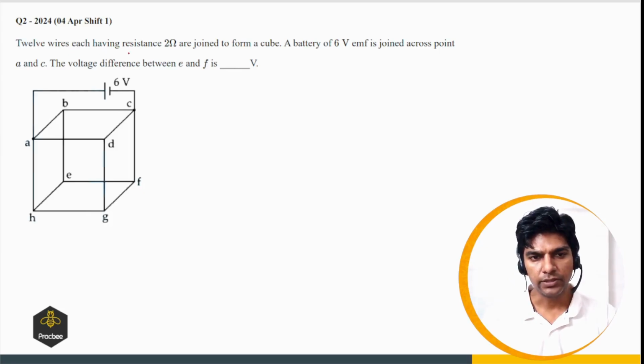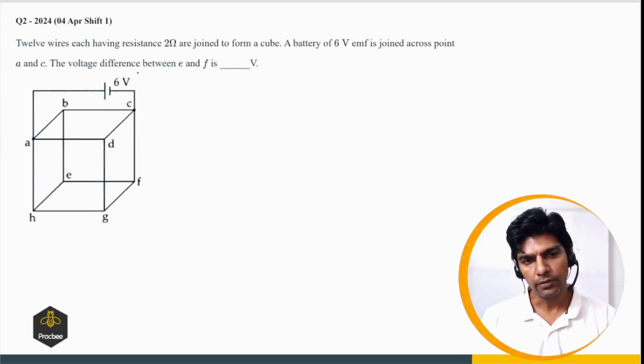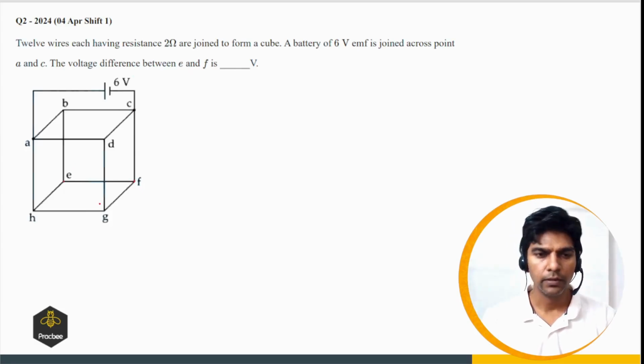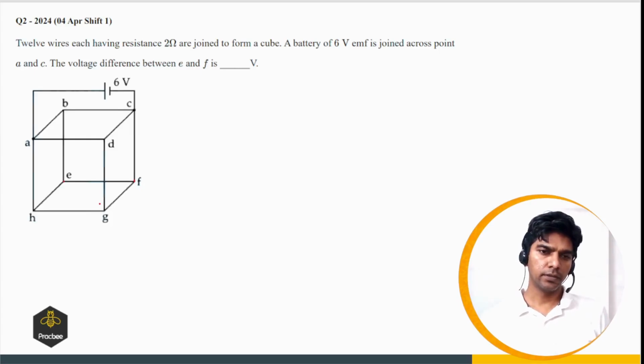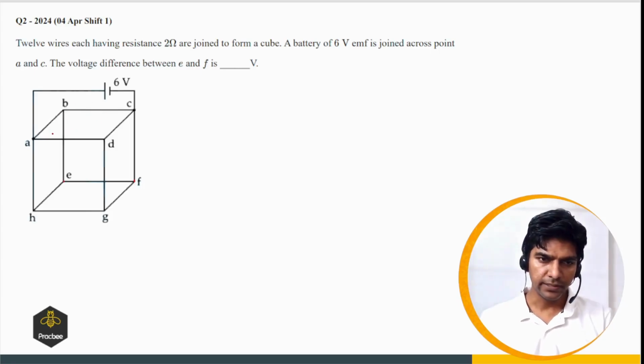12 wires each having resistance 2 ohms are joined to form a cube. A battery of 6 volt EMF is joined across points A and C, and we have to find the potential difference between E and F, so between these 2 points. So if you look at this circuit, let us see the symmetry.